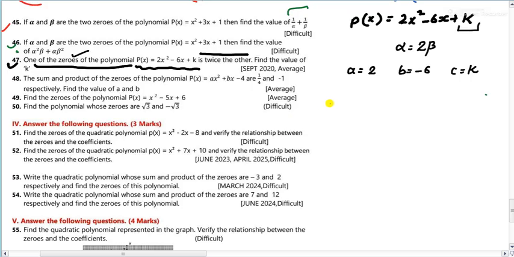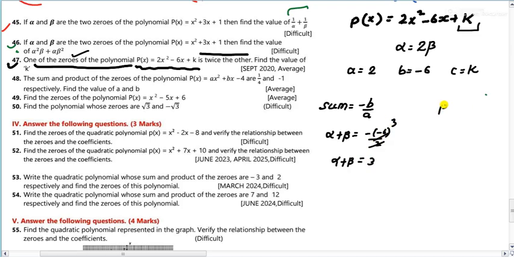Then we know the sum of zeros is minus B by A, correct? So sum I can write as alpha plus beta. So alpha plus beta is minus of minus 6 by 2. If you solve, you'll get alpha plus beta as 3. Minus minus becomes plus.